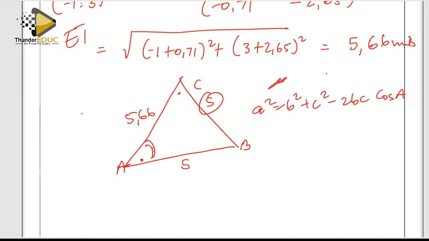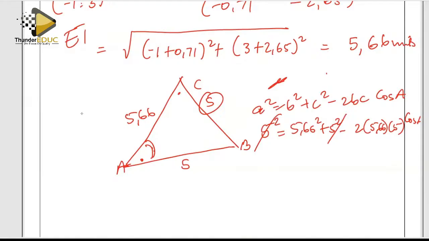So if this is our A, it's going to be 5 squared is equal to the 5,66 squared plus 5 squared minus 2 times 5,66 multiplied by 5. And then we're saying the cos of A. So this can cancel that. Okay, I'm going to move the 5,66 to that side.